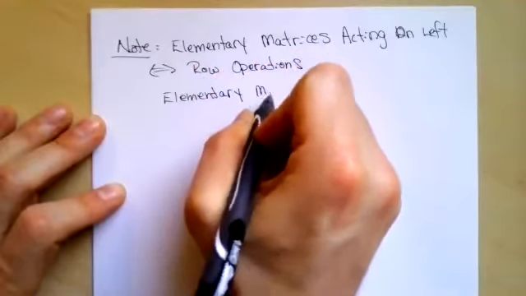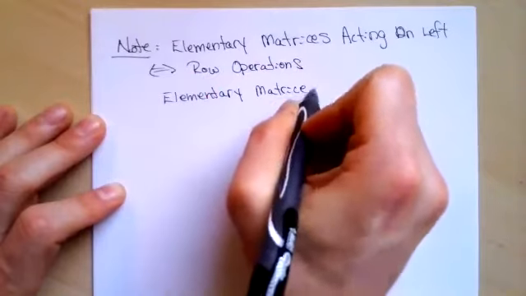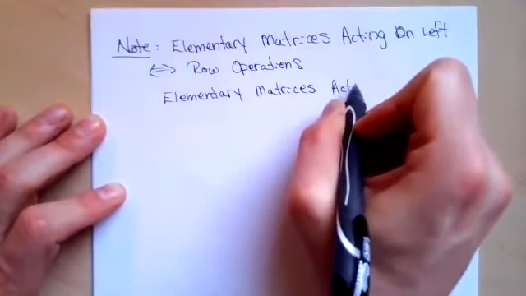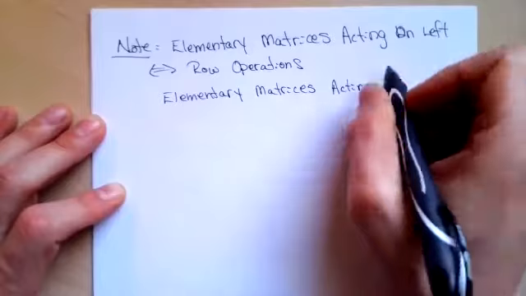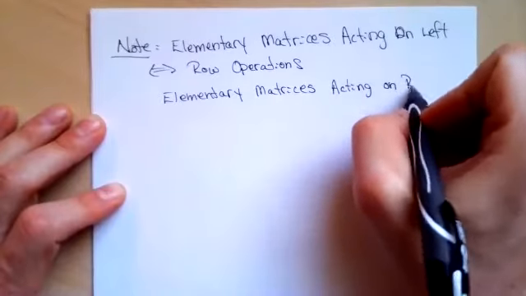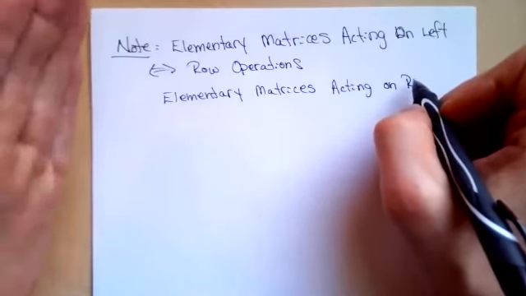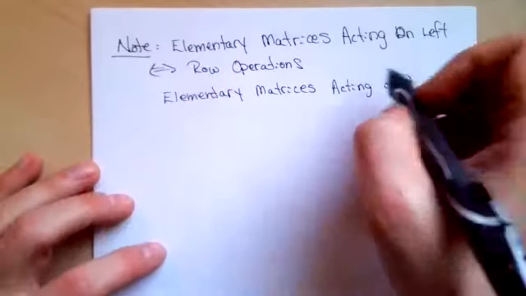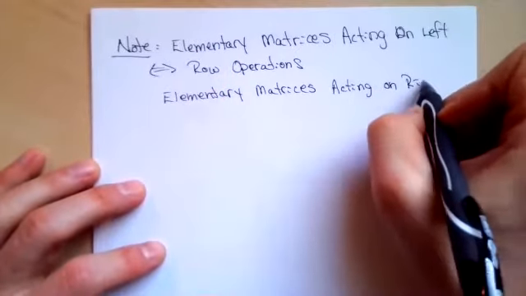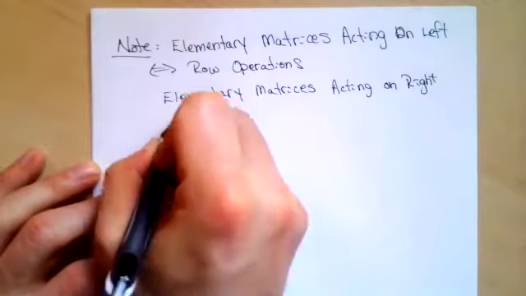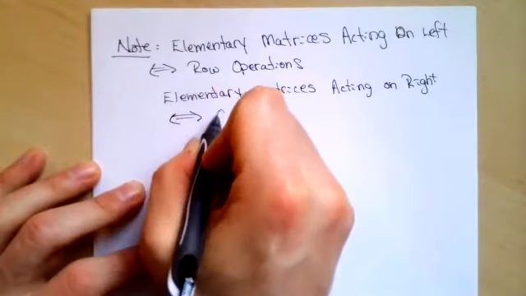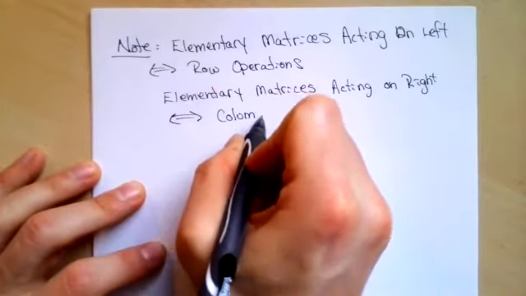Elementary matrices acting on the right, meaning if I multiply a matrix now with the elementary matrix on the right side, that corresponds to column operations.